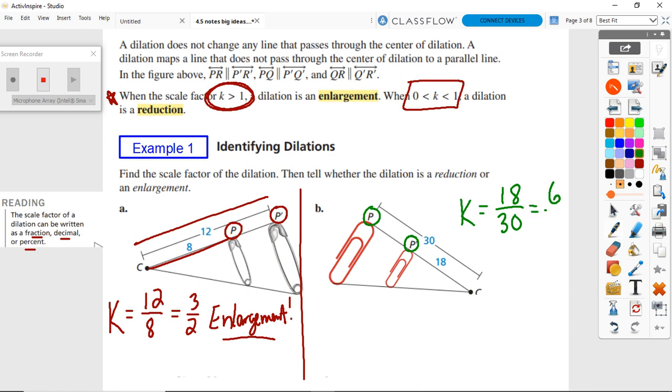And you have 3/5. Aha. So there's a look at a reduction, because K is between 0 and 1. It's a proper fraction. So the dilation, the scale factor is 3/5. And we would call this a reduction. It's getting reduced. Whoop, whoop. All right, so that's finding the scale factor.